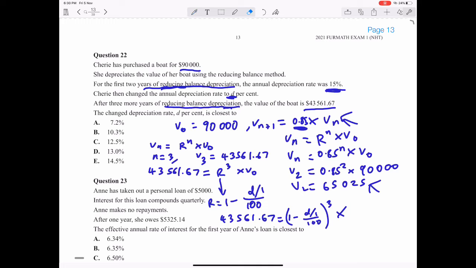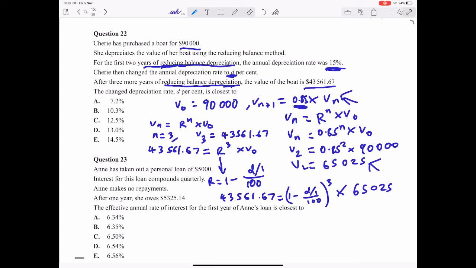So 65,025 over here, and then you can just solve on your calculator, menu 3-1 if you're on a CAS calculator, to find the value of D. So I'll just write here menu 3-1 to get solve, and solve it on your calculator to find D. So therefore D equals 12.4999, which is closest to this value over here. So therefore the value of D is 12.5%.